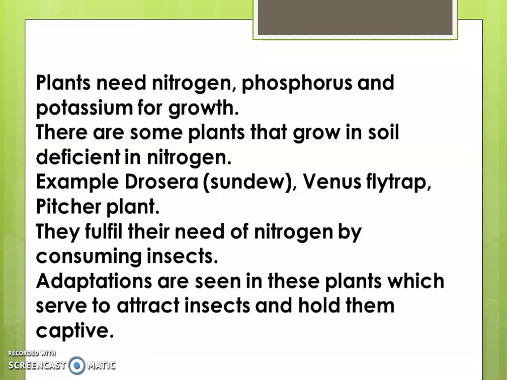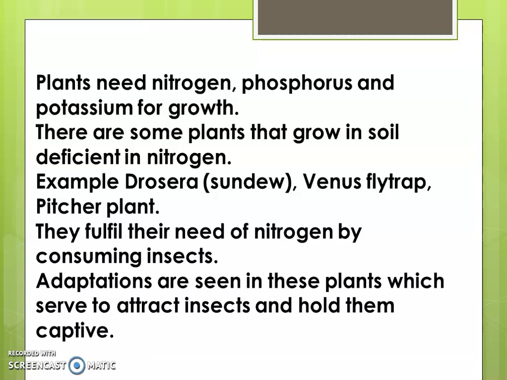Have you ever heard that plants are carnivorous also? They eat insects to fulfill their need for nitrogen. Adaptations are seen in these plants which serve to attract insects and hold them captive.